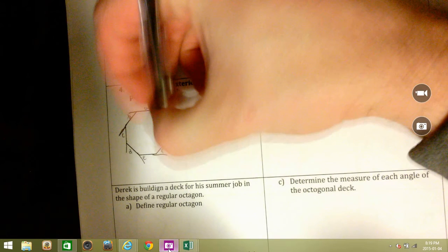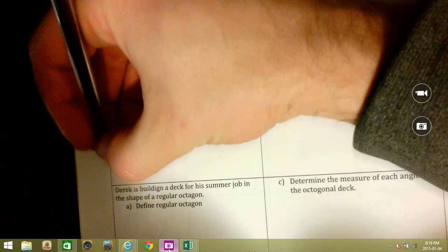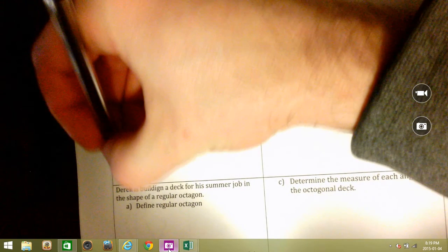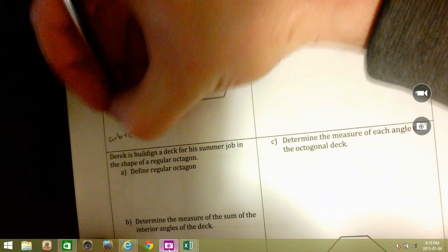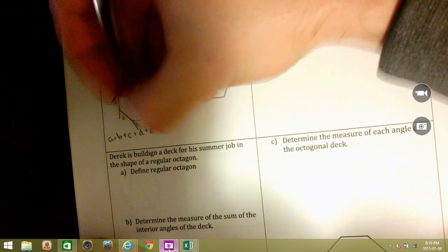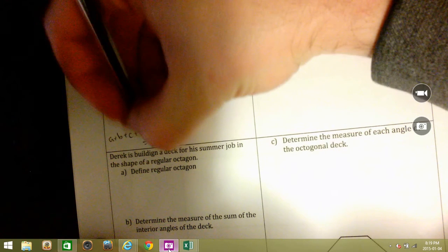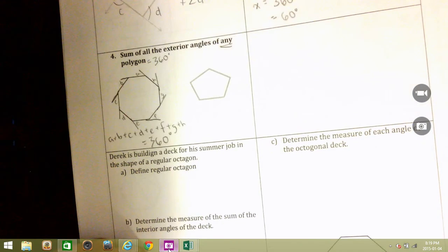So A plus B plus C plus D plus E plus F plus G plus H has to equal 360 degrees.